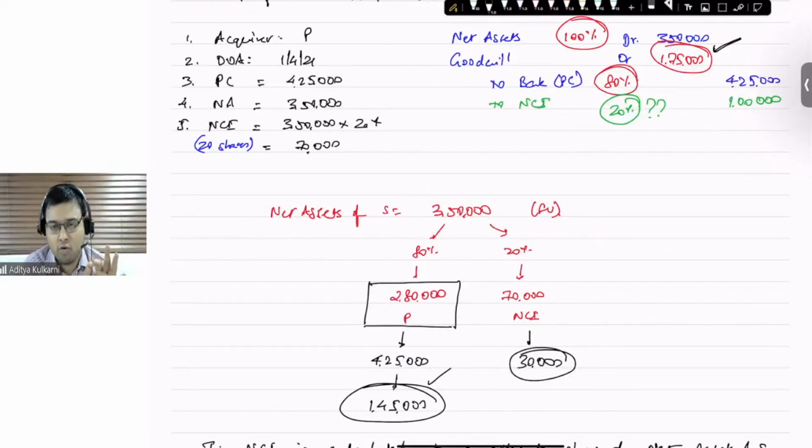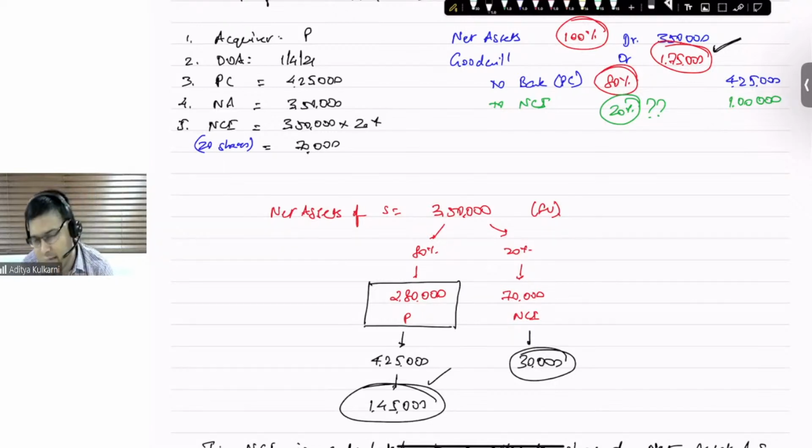And that is why the second method starts to make more sense, because that represents how much NCI can have a claim. So that is the reason the second method is more preferable. NCI will demand, I want my share, give me whatever the market price is. You give me the market price and I will willingly transfer my shares to you. That is why 1 lakh makes more sense, where the goodwill is attributable to NCI to the extent of 30,000.